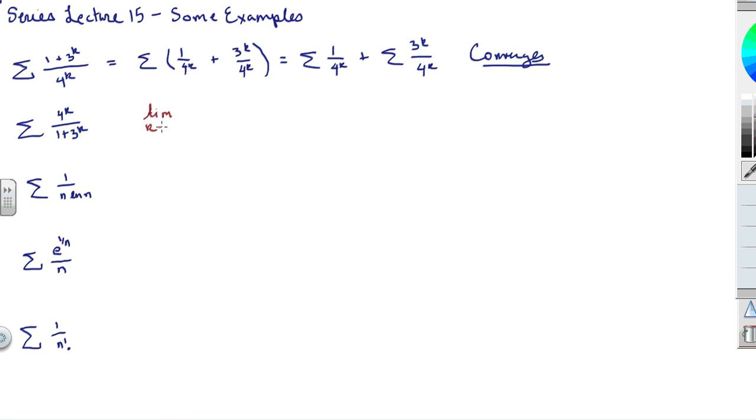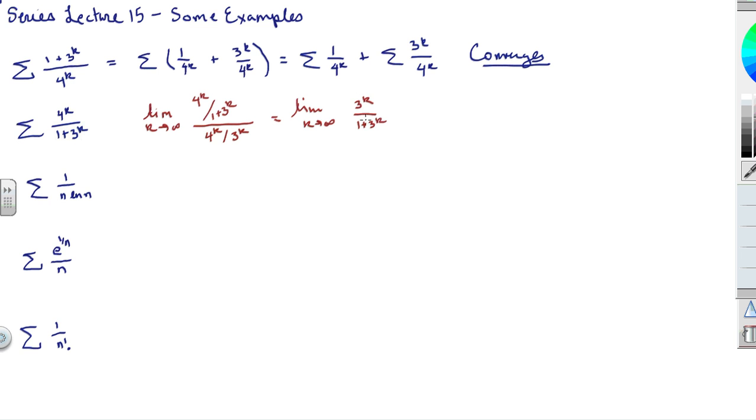Limit as k goes to infinity of 4 to the k over 1 plus 3 to the k, over 4 to the k over 3 to the k, and that simplifies to the limit as k goes to infinity where the 4 to the k's cancel. I get 3 to the k over 1 plus 3 to the k.